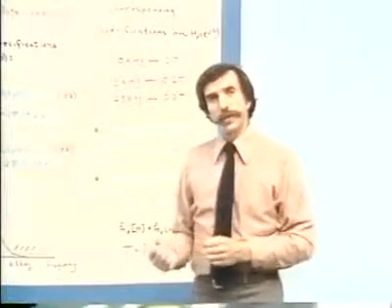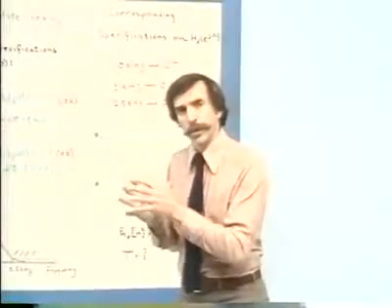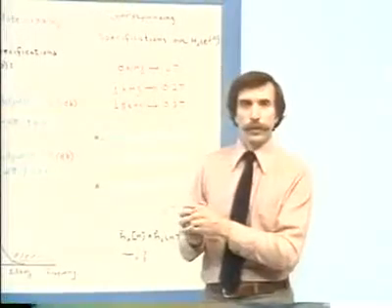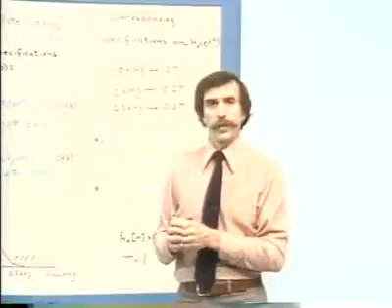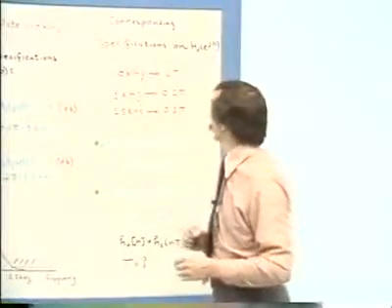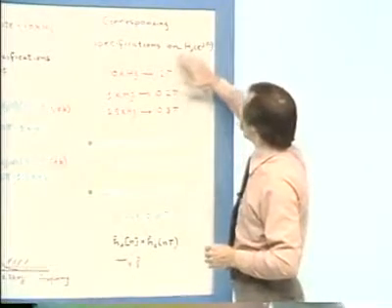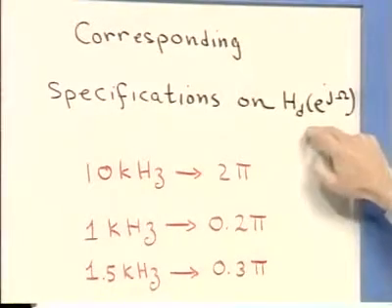That imposes specifications on our discrete time filter. And then we want to design the discrete time filter using impulse invariance. And that's the discrete time filter that we'll use in the overall system. All right, now we want specifications on the discrete time filter.